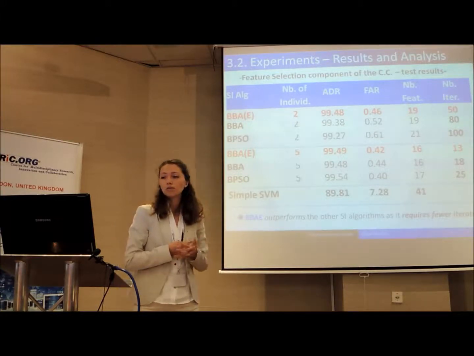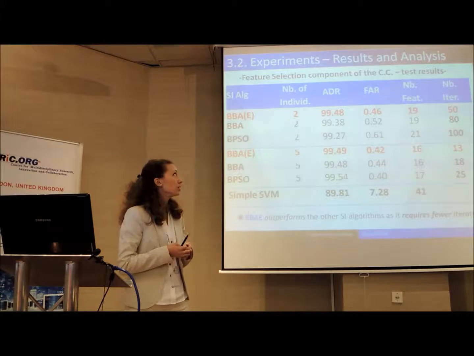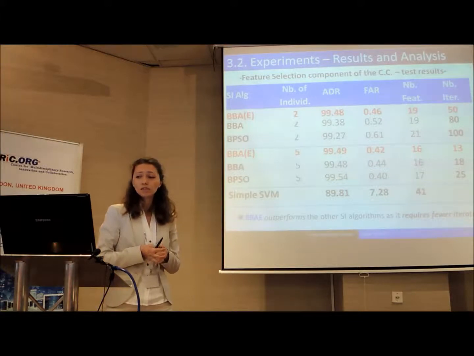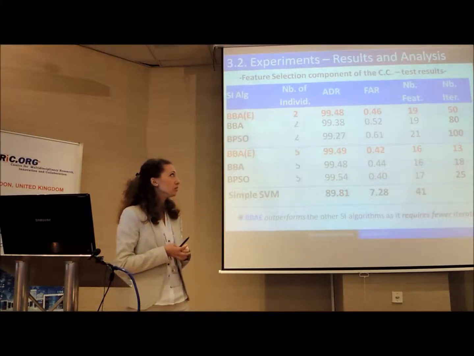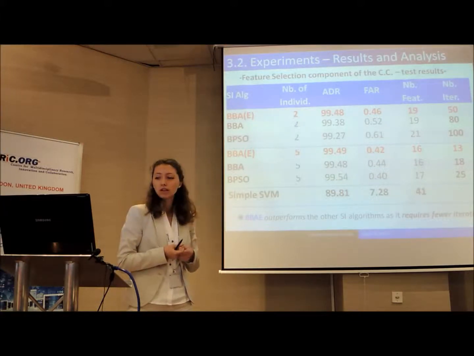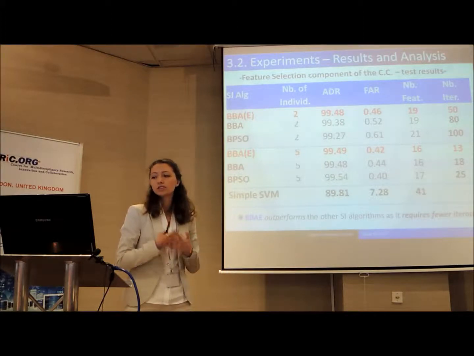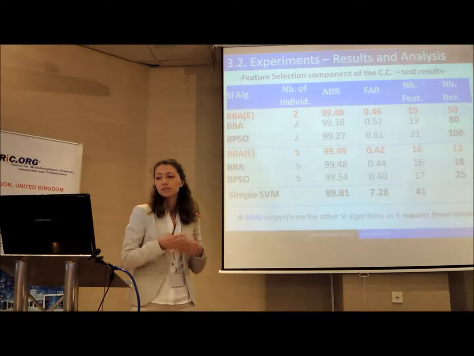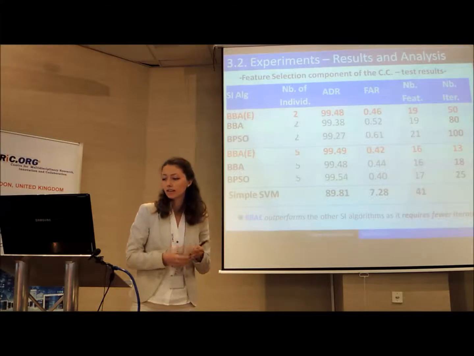Even though our proposed approach, shown in red, obtains similar performances when compared with the other swarm intelligence algorithms, it also requires fewer iterations, which is important because each iteration usually implies complex operations which are costly in terms of memory usage and execution times, and because it implies training and testing.